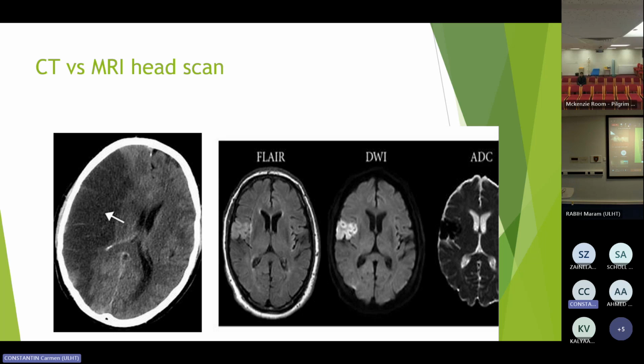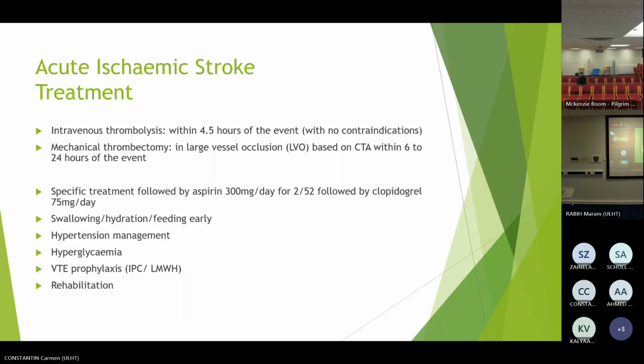And also this is the difference, for example, in how important, delicate and precise the MRI head scan is, which is having very pretty pictures. We would go for an MRI head scan when the patient is having stroke features and the CT head scan is normal, of course, if it's possible and there are no other contraindications.